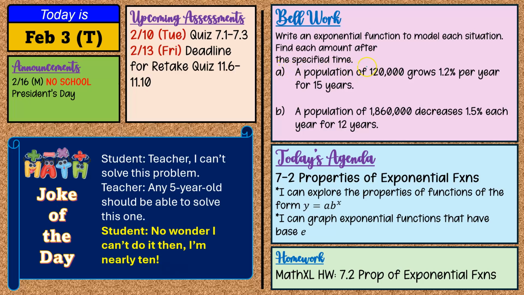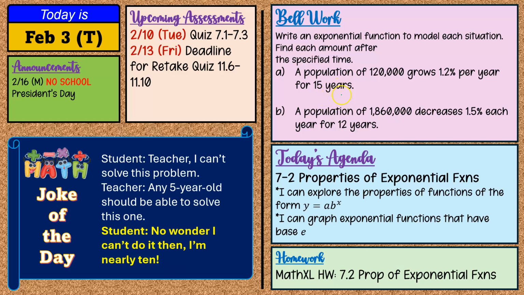after the specified time. The first question says a population of 120,000 grows 1.2% per year for 15 years. Since it says the word grows, we know it's an exponential growth.